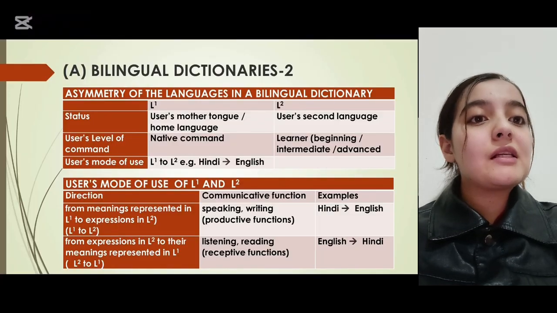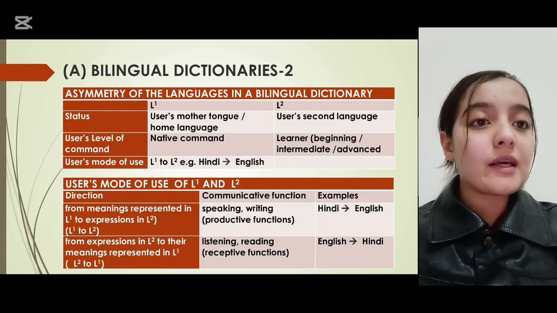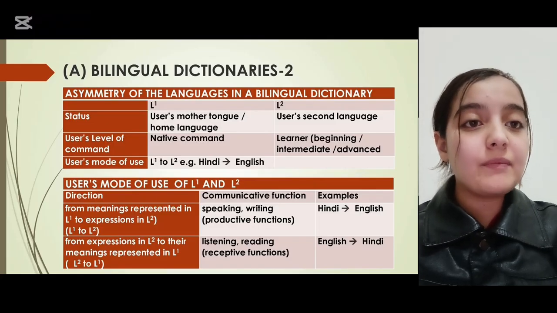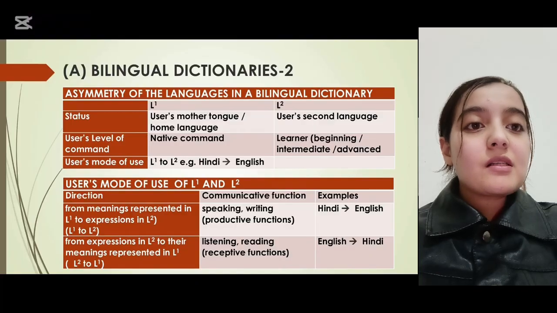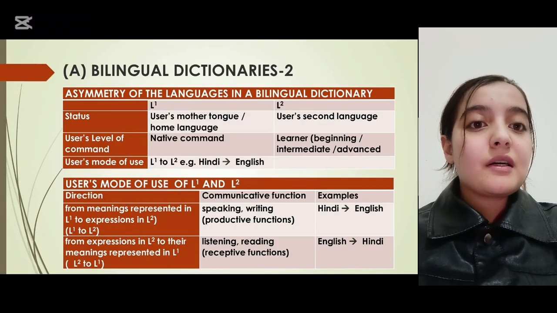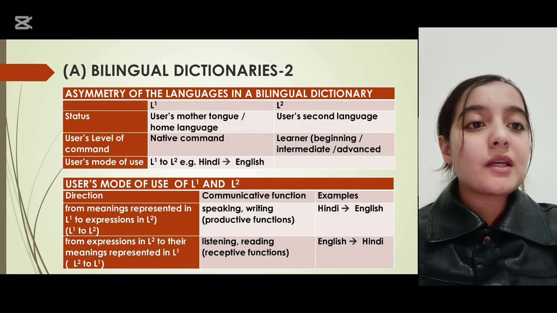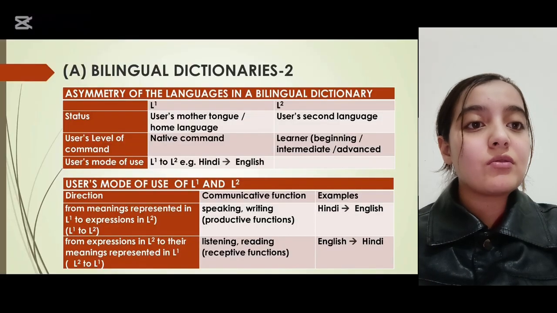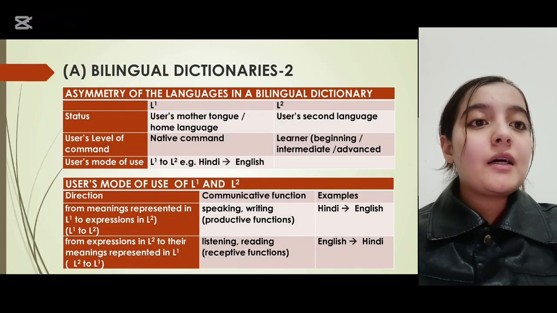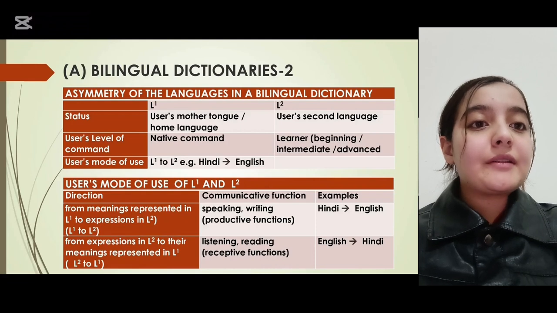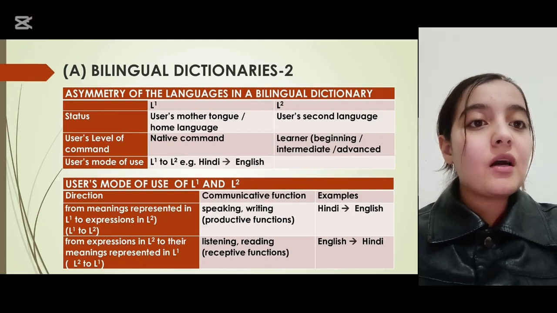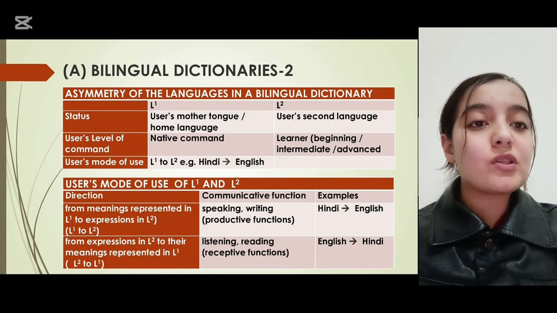So the movement is from L1 to L2, and the basic communicative function is speaking and writing. These are productive functions, productive skills, as when a person, for example an Uzbek speaker who has Uzbek as a mother tongue or home language, wants to express herself in speech or in writing.